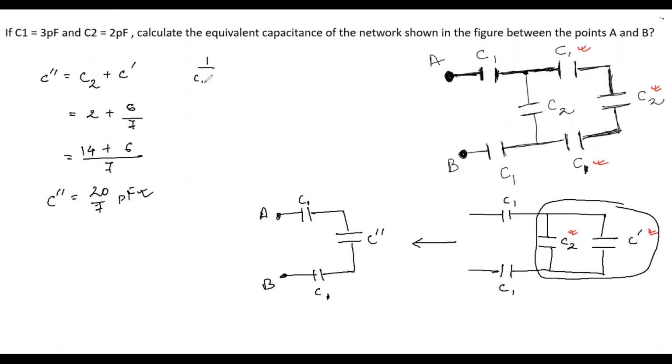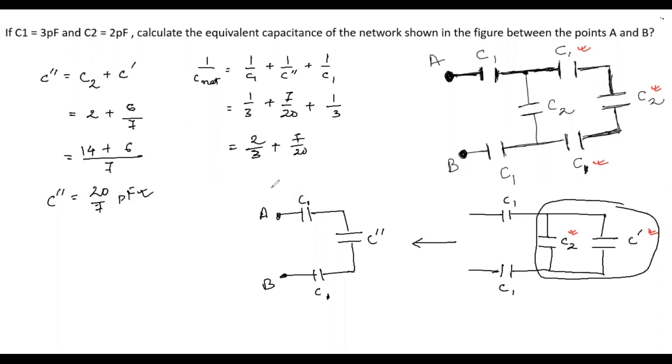find our C net, which is 1 by C1 plus 1 by C double dash plus 1 by C1. So C1 is 1 by 3, and C double dash is 20 by 7, so we'll take it 7 by 20, plus again 1 by 3. So 2 by 3 plus 7 by 20.